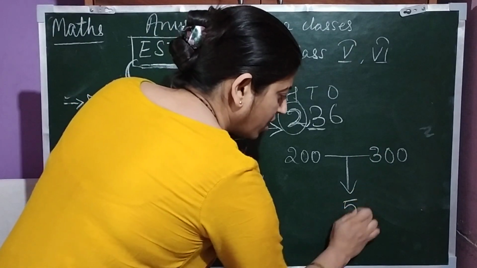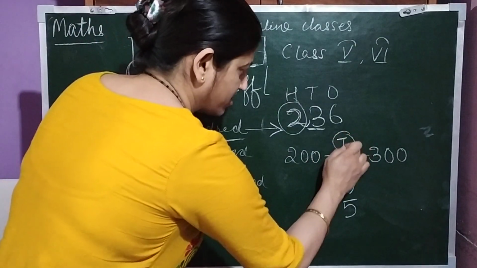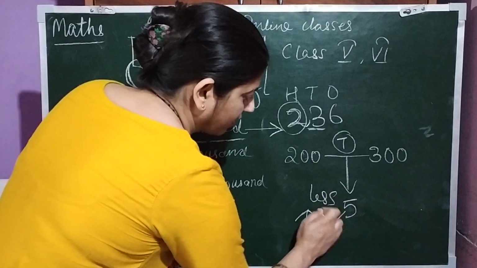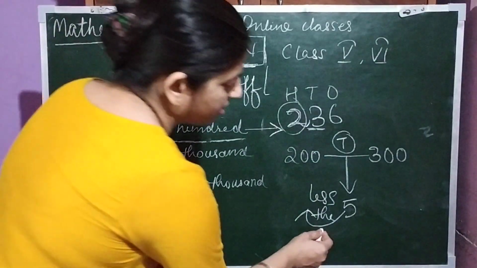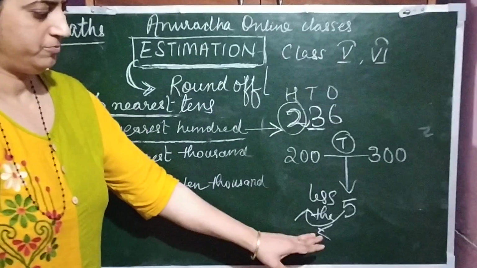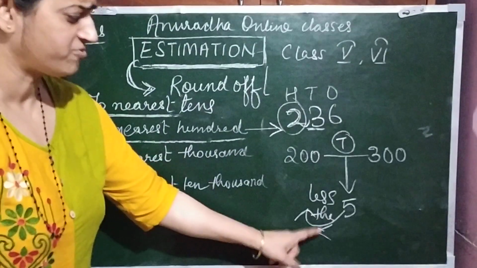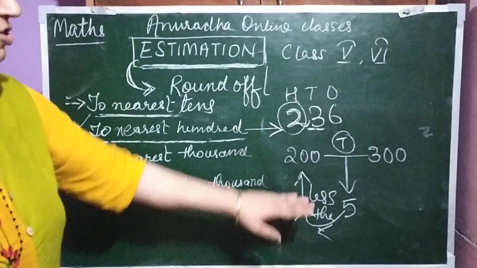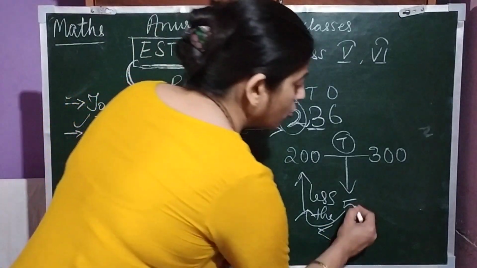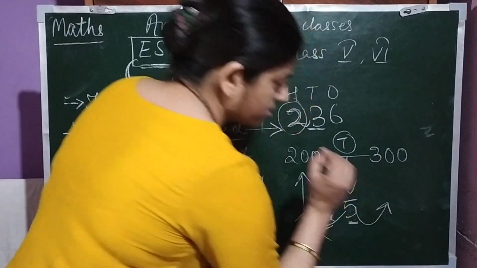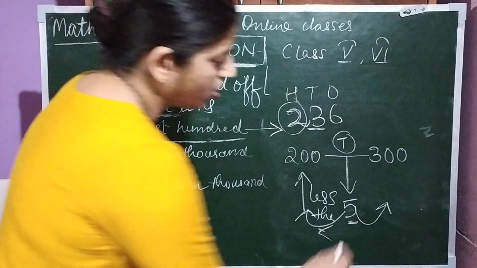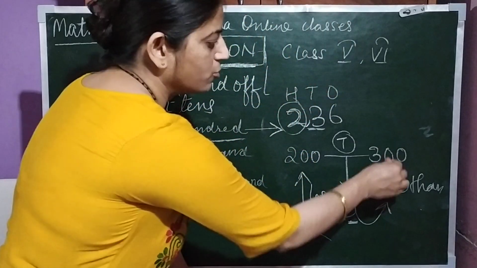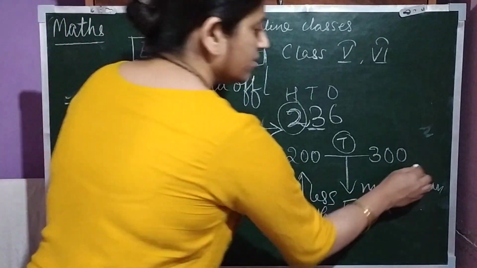If the tens place of this number is less than 5, then there will be no change, it will be 200. And if the tens place is equal to 5 or more than 5, then it will go to the other side.